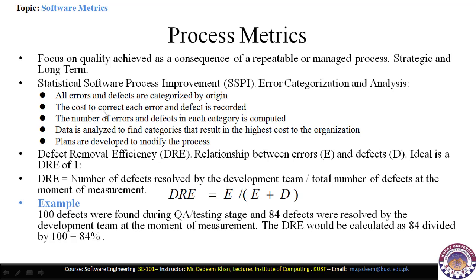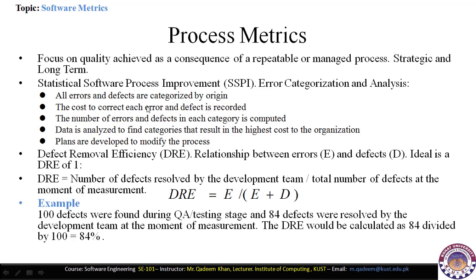The cost to correct each error and defect is also recorded. So here we also require the different costs required to correct or remove these errors and also the defects which are occurring in the product.